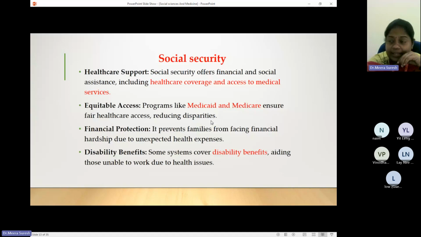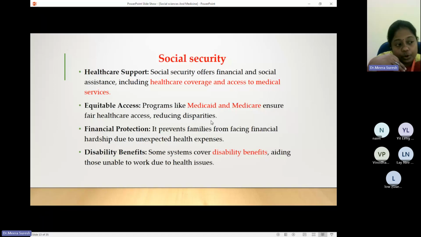With that health card they can access better treatment in government hospitals or even private hospitals, but a set of private hospitals, not all, for a set amount that is fixed.